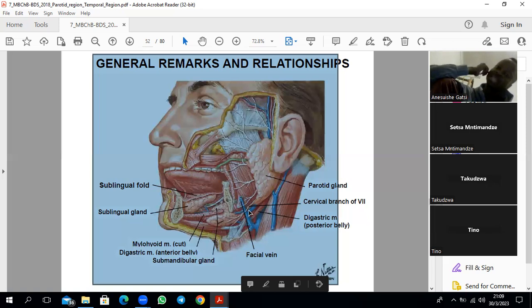Then from the internal acoustic meatus, it goes into the facial canal on the medial wall of the middle ear, then goes into the vertical part of the facial canal on the posterior wall of the middle ear, then exits the facial canal via what we call the stylo-mastoid foramen, which is a foramen between the styloid and the mastoid process in that region. Right. After exiting the ear in that region, it then enters the parotid gland.